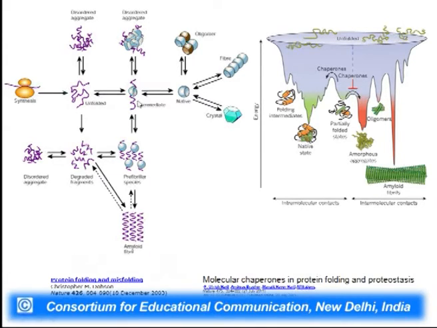It can form an intermediate, and this intermediate state can either again have a tendency to form aggregates, or it may form prefibrillary species. Accumulation of these prefibrillary species will result in amyloid fibril formation, and this amyloid fibril formation, if everything is going all right, will be taken care of by the protein quality control or the protein homeostasis machinery, and will be degraded.